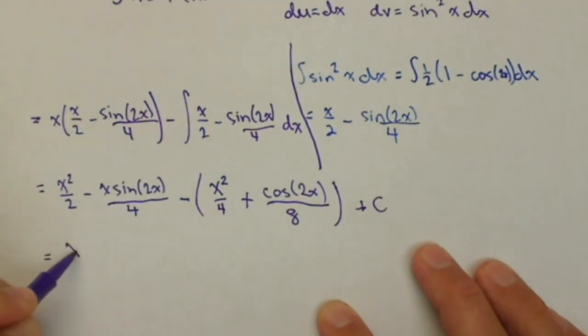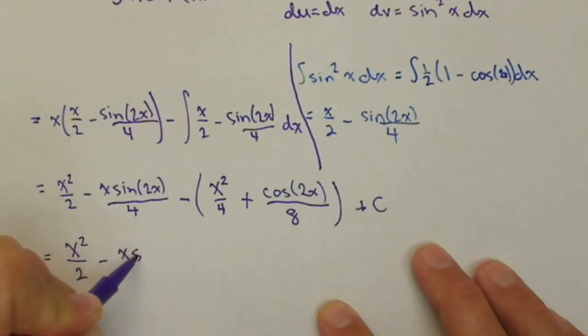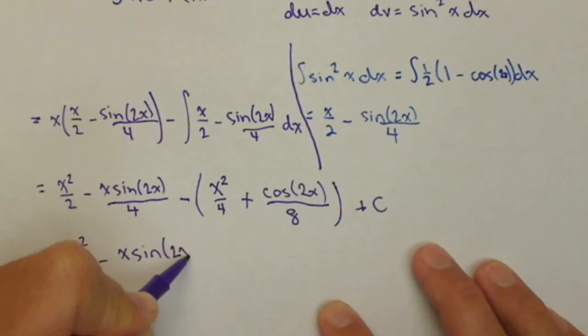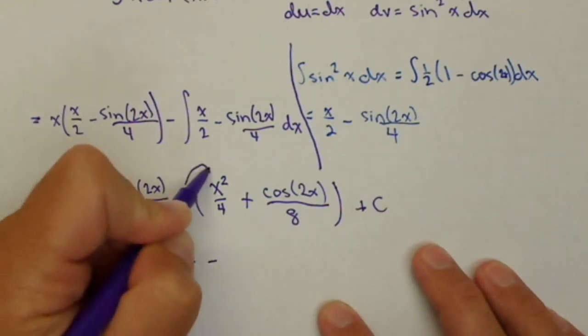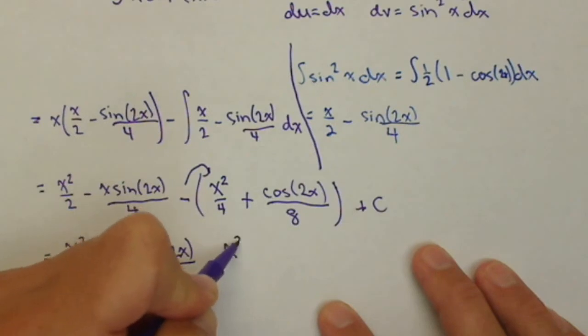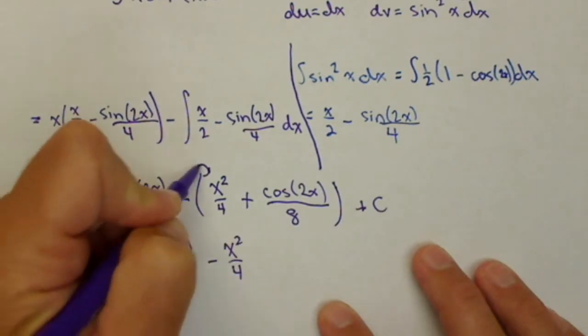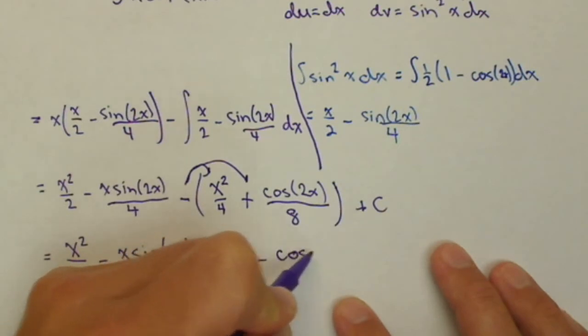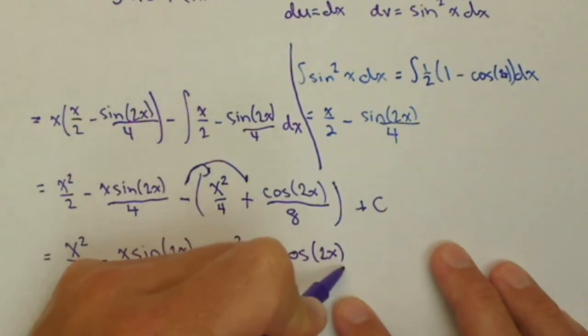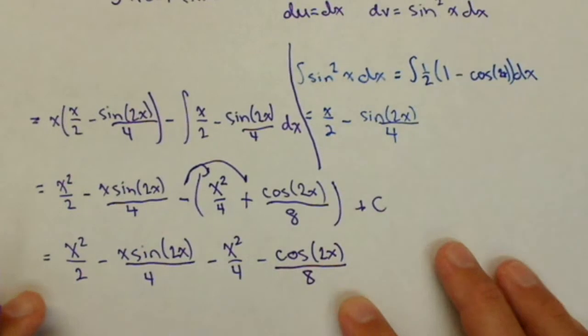So summing up, we have x squared over 2 minus x sine of 2x over 4. Now I'm going to distribute this negative, so minus x squared over 4 minus cosine of 2x over 8.